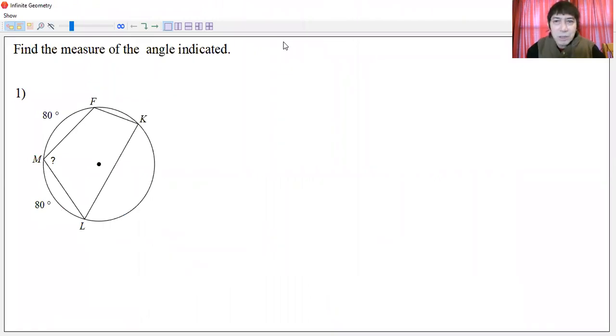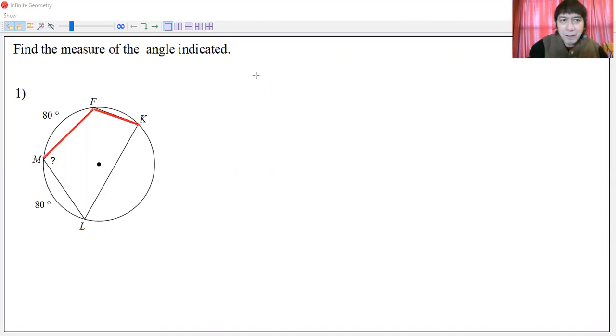Now, first we shall have a little definition of the inscribed angle. In this particular figure, you'll be able to check on the inscribed angle. There are about three. We have the angle KFM.